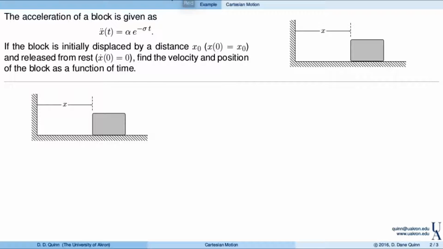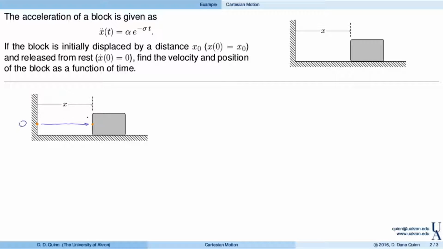So in order to do this, we need to, of course, identify the position. Right, so let's define an origin here and a point on the block there. And then we'll draw the vector between these two.